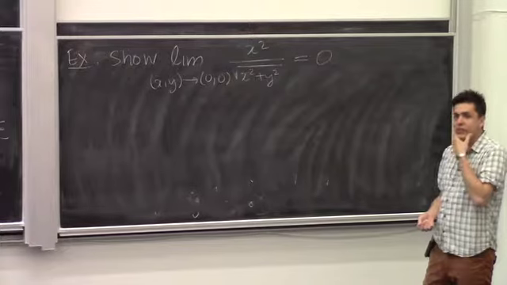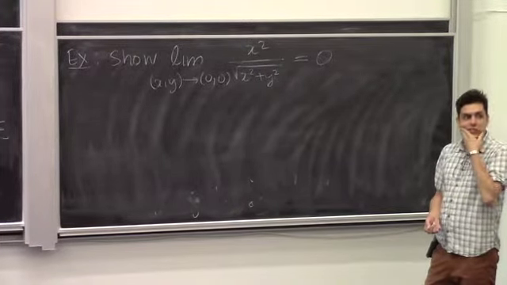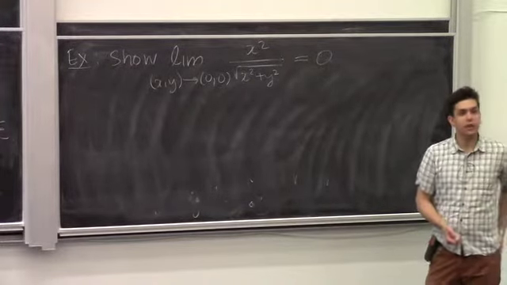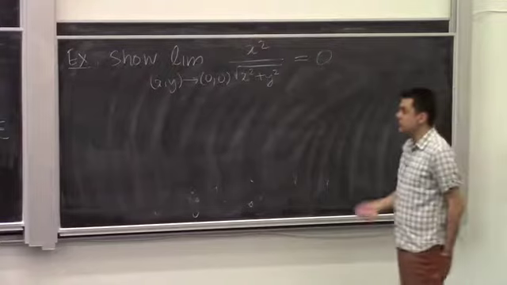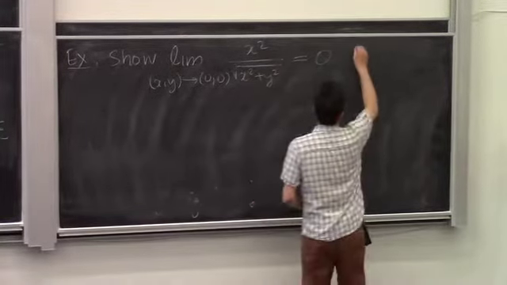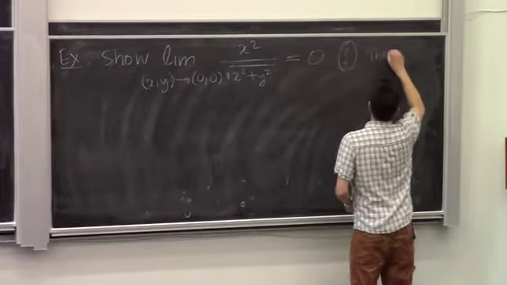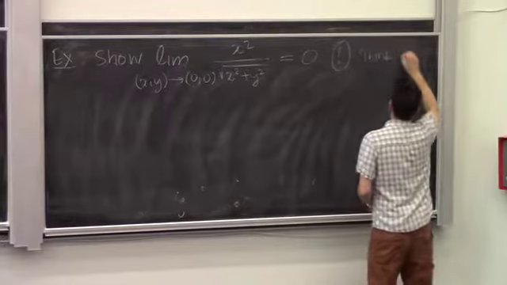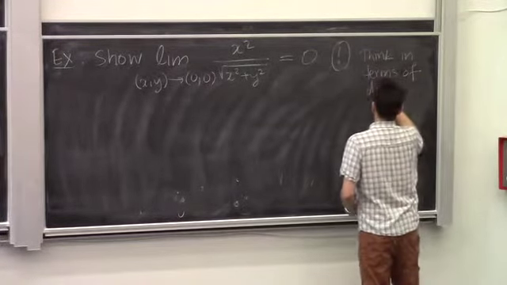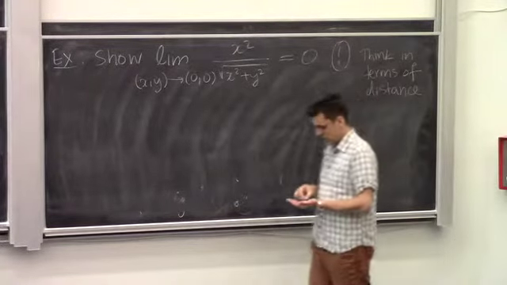So here we've got a function and it's not clear how to control things. With these questions, it's often helpful to think in terms of distance. Okay? Oftentimes, if you see some squareds kicking around, it's helpful to think in terms of distance. Okay.